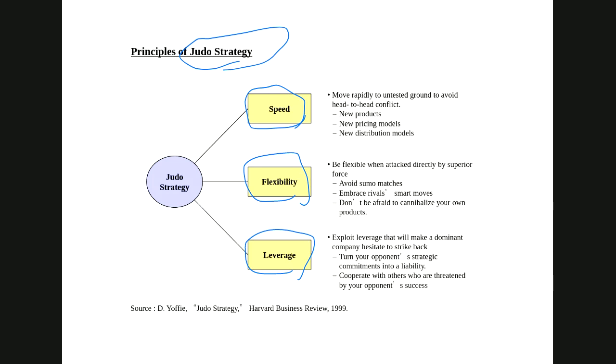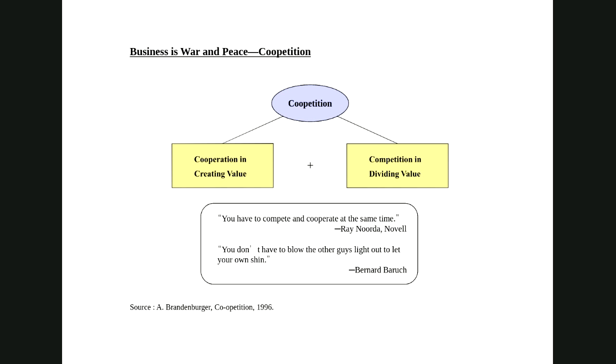Even though I am small, if I can use another advantage, maybe I can win over my biggest and stronger players by using the leverage. Maybe I can use another guy and make diplomatic options. Maybe I can win over our biggest competitor. So judo strategy we can exercise in order to maximize our competitive advantage. Judo strategy we call. And there is co-opetition.